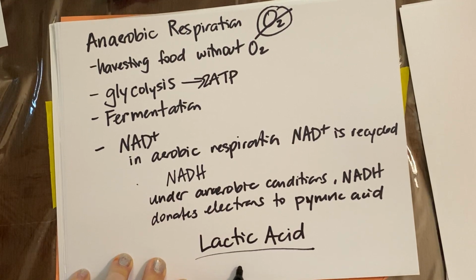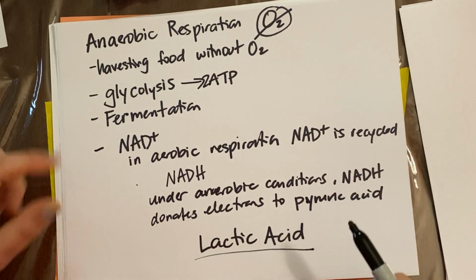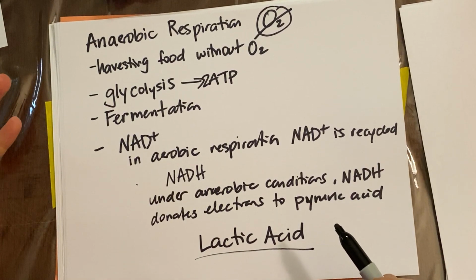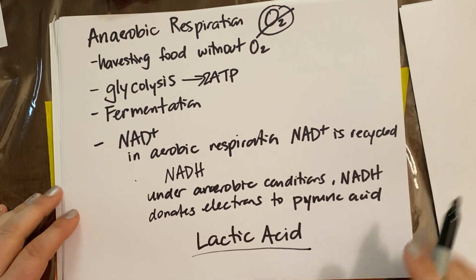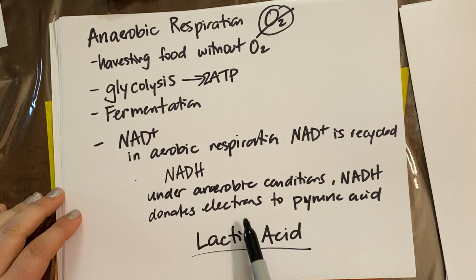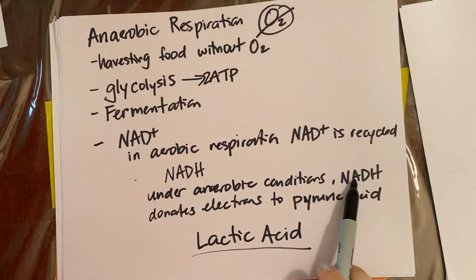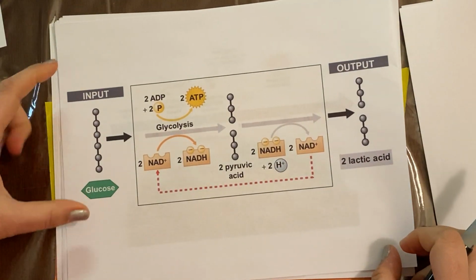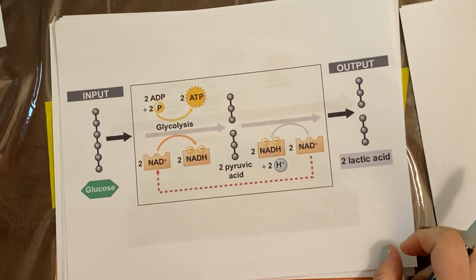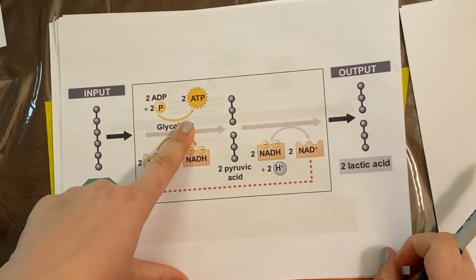If we're working out really hard, we're not quite getting enough oxygen to our muscles. Our muscles can start to do glycolysis, and if there's not enough oxygen to complete the entire process of cellular respiration, the pyruvic acid will have electrons donated to it by NADH. So what this looks like is here: we have our glucose, we do not have oxygen, so glycolysis takes place.